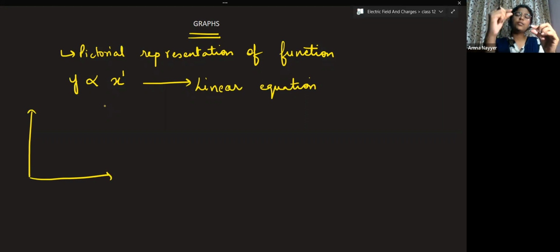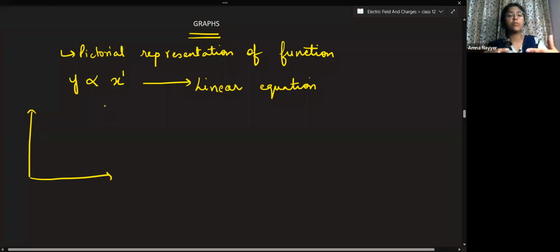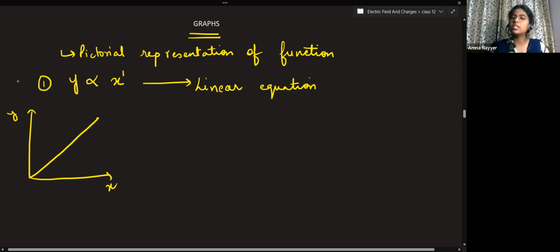Then again, if you increase x by the same amount, y will also increase by the same amount, because both of them are directly proportional to each other. So if this is x, this is y, this is how the graph looks. This is for a linear equation. This is just a recap of your previous classes. For all those who know this, need not write it down.